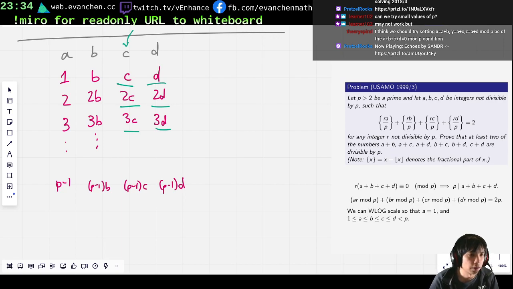I think we should start setting x equals a plus b mod p because of the condition. I don't see what that was going to do for you.